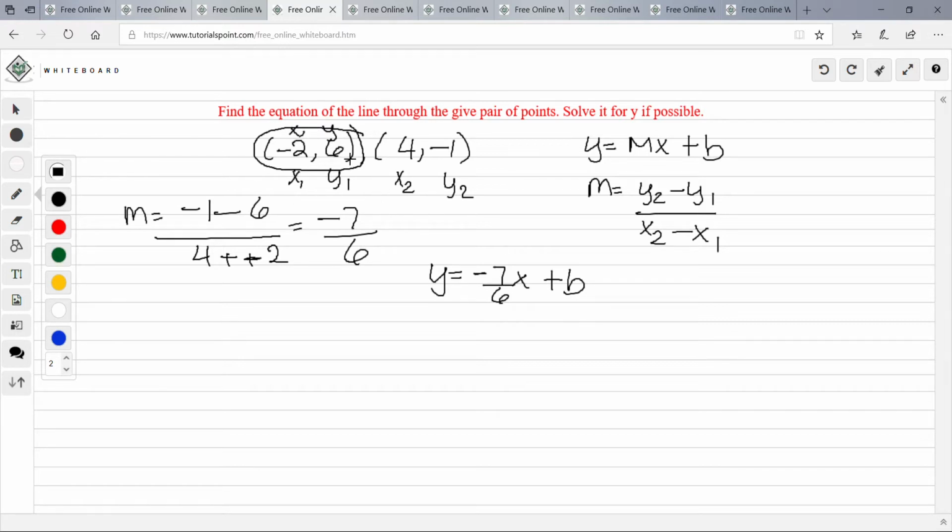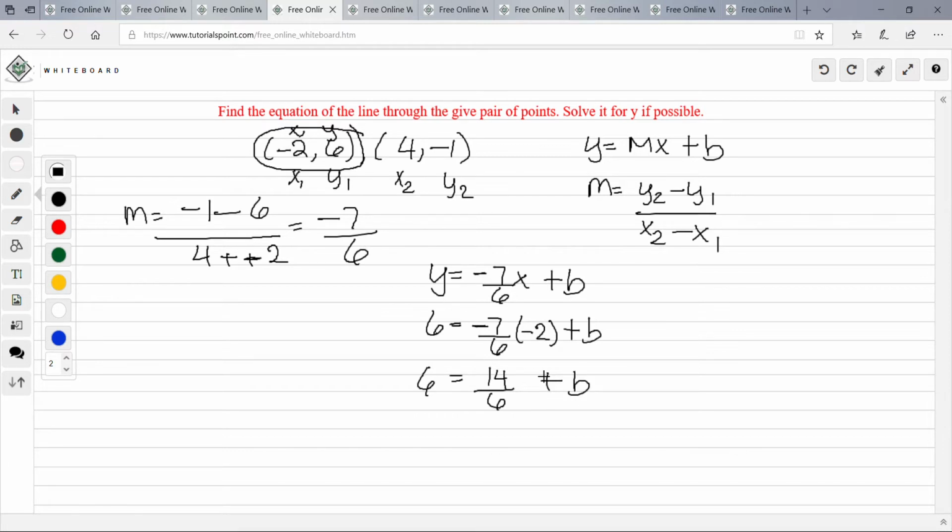So we said our y is 6, so we're going to just plug it in. y is 6 equals -7/6 times x, which is -2, plus b. If you simplify this, it should be 14/6.